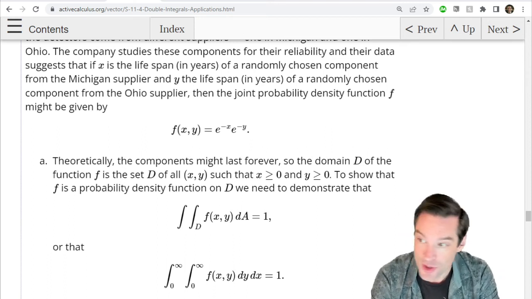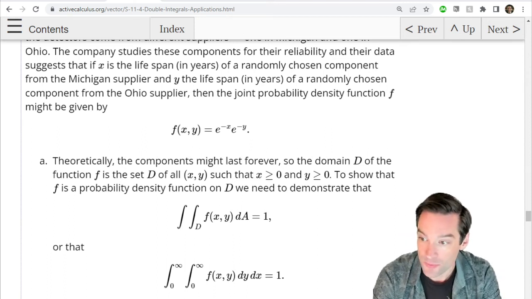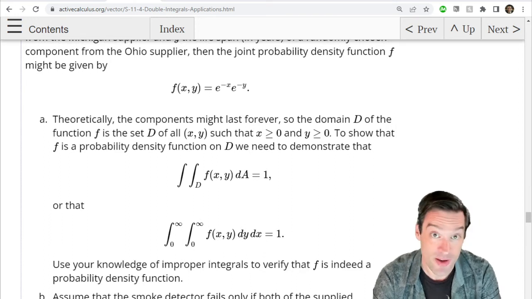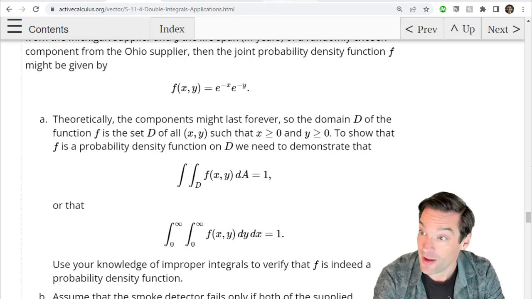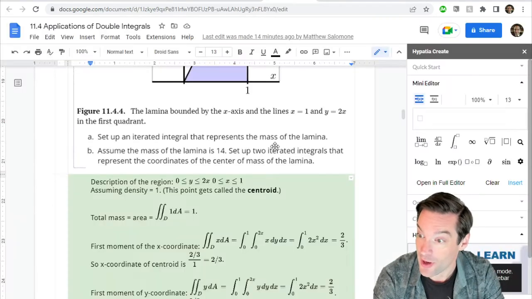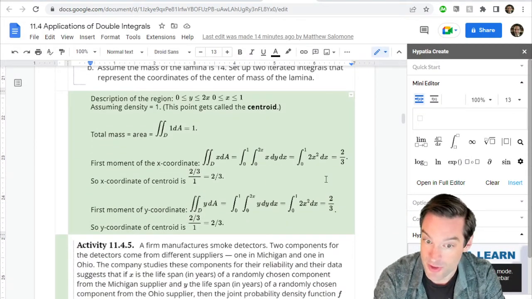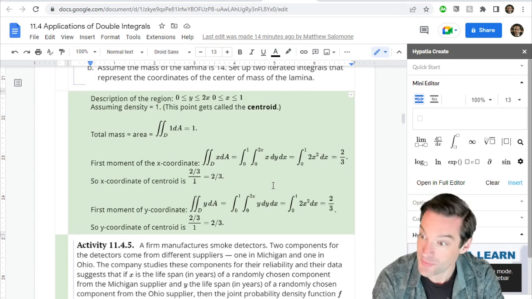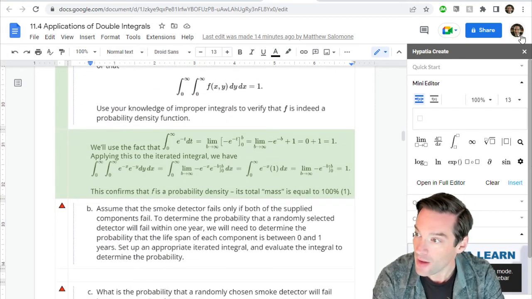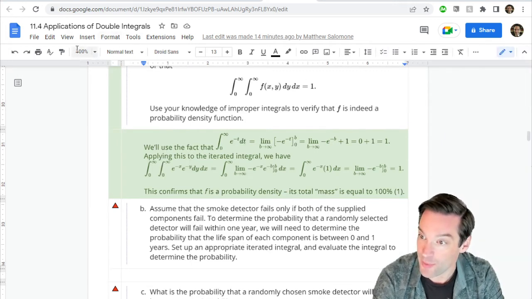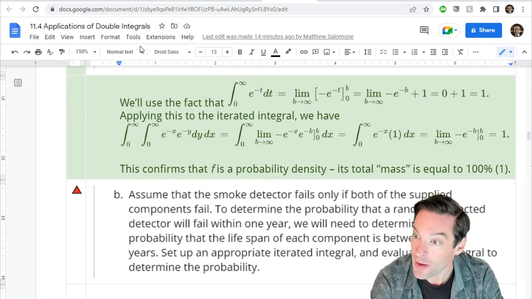And so you can show that the integral over the entirety of the sample space, which is x ranging from 0 to infinity and y ranging from 0 to infinity, that total integral is equal to 100%. So that's just a straightforward improper integral verification. That's down here. And so this gets to be a probability density because its total integral is equal to 1.